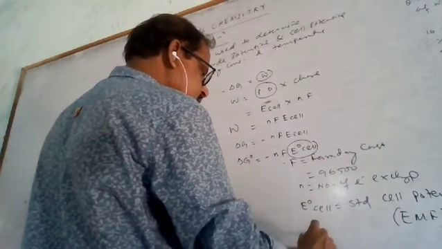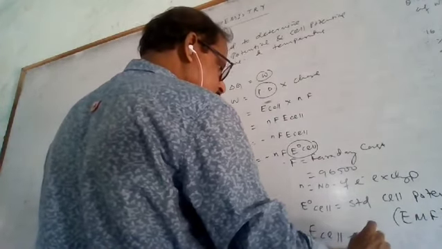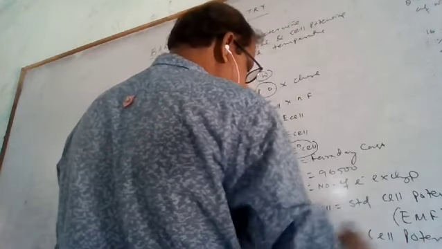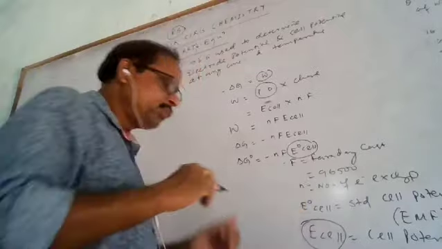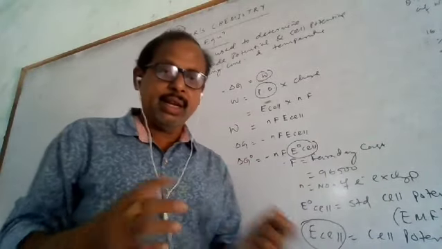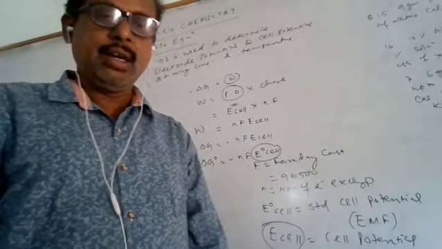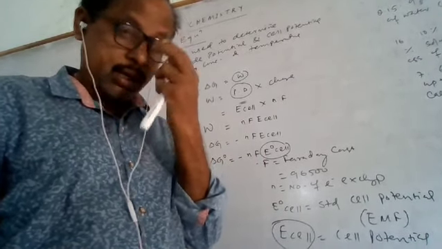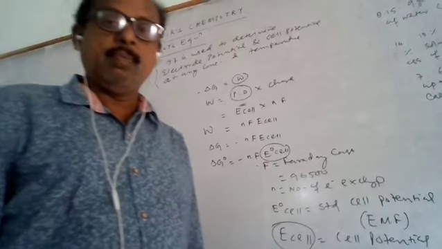So what is the E cell? E cell is the cell potential. That is the basic difference we are going to study. E cell is the cell potential at any concentration and any temperature.